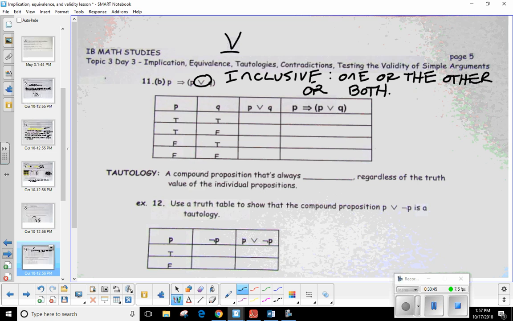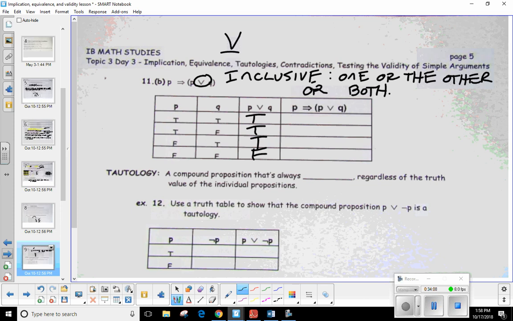Yes. Okay. So let's see here. What about a true, true? True. True, false? True. False, true? True. At least one is true in an inclusive, but false, false is false. Now again, the order in which you do this is very, very important.